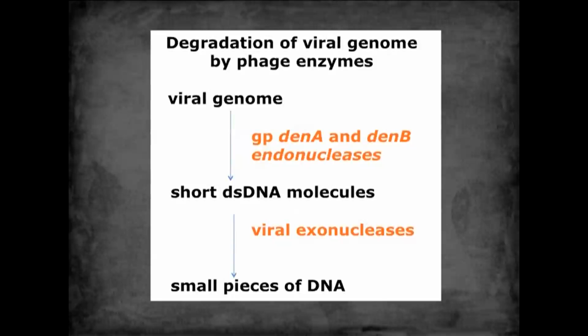These two endonucleases cut the bacterial DNA into short double-stranded fragments. Then again, a viral exonuclease cuts the double-stranded DNA into small pieces, or they form the deoxynucleotide monophosphates, and this deoxynucleotide monophosphate pool is recycled to form the viral DNA.